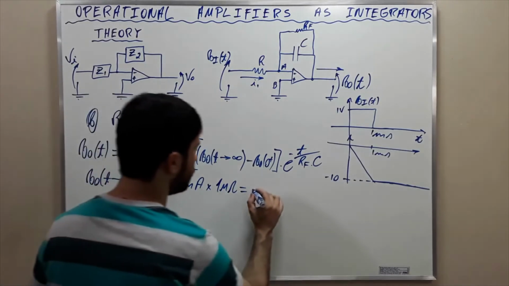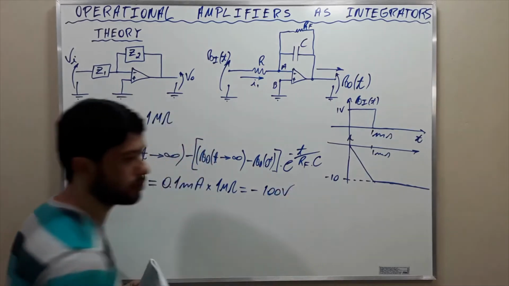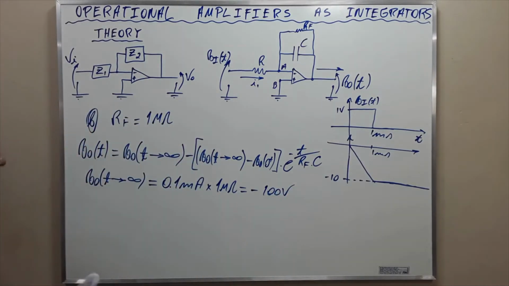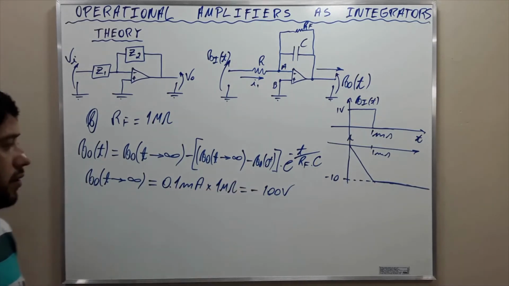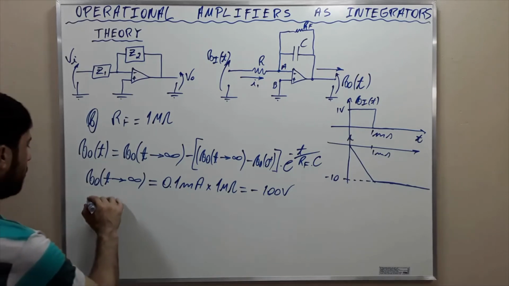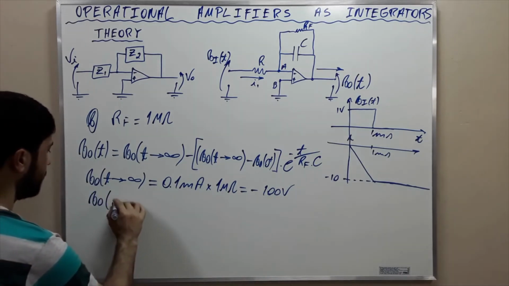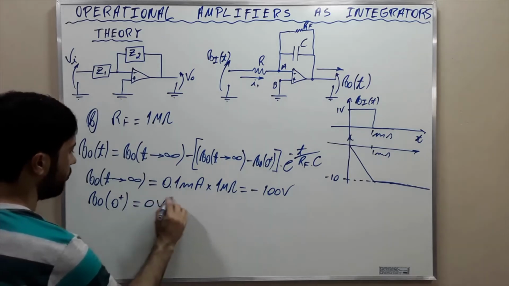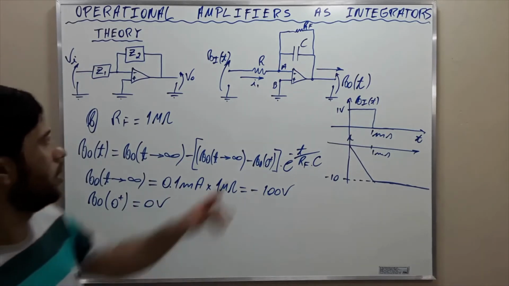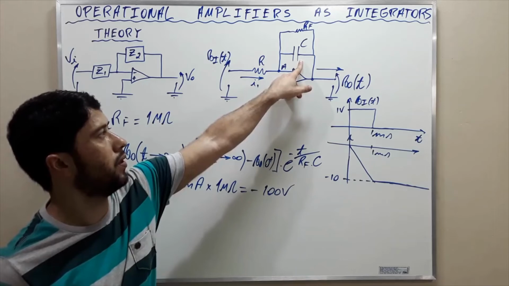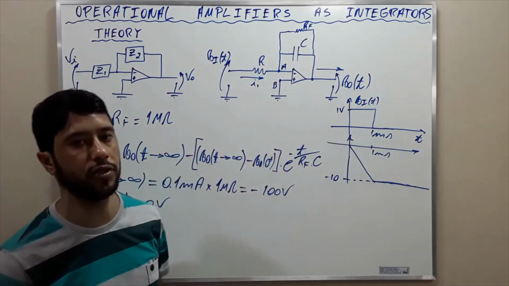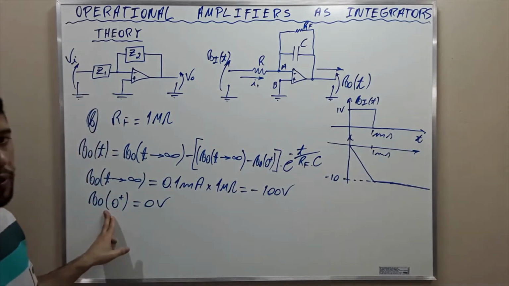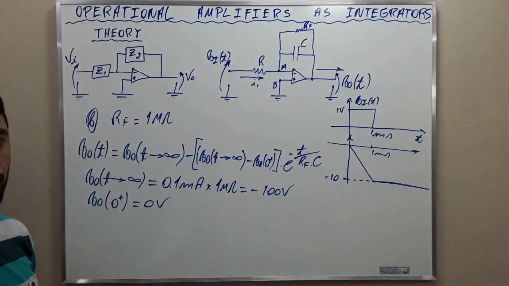And this is equal to negative 100 volts. And the output voltage at t equal to 0 plus is simply 0. V0 of 0 plus equal to 0 volts, okay? Because we got a capacitor here, the voltage across the capacitor does not change immediately. Then at 0 plus, the voltage across the capacitor is 0 volts.